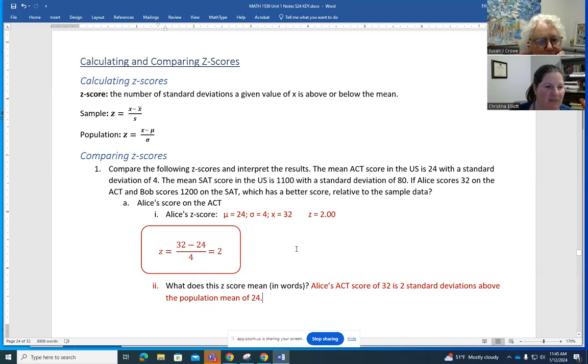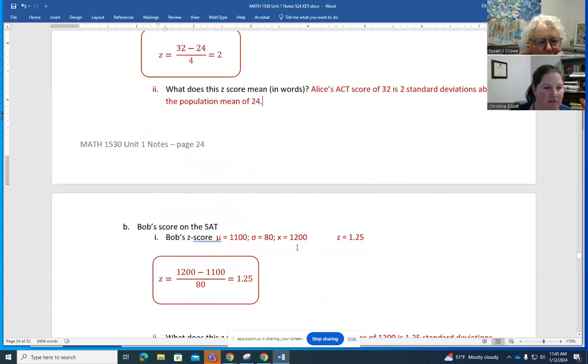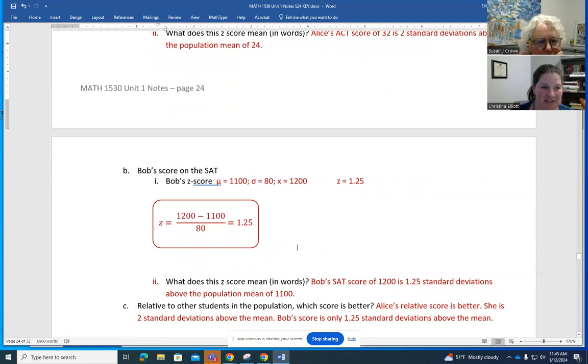Bob's SAT score was a 1200. But the mean and the standard deviation are different for Bob. He's still above the mean, because the mean is 1100.